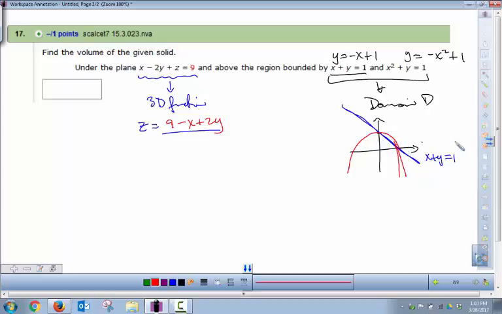Between these two pictures, I can see where the region is. The region is a small bit over here.